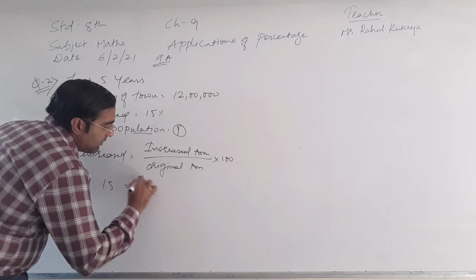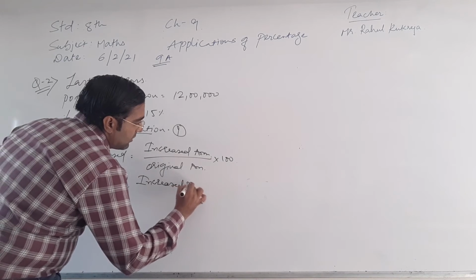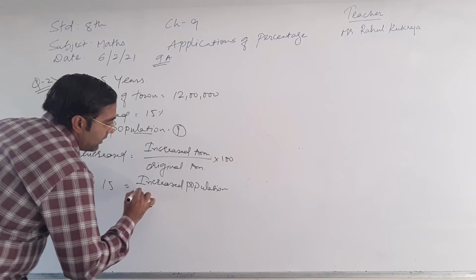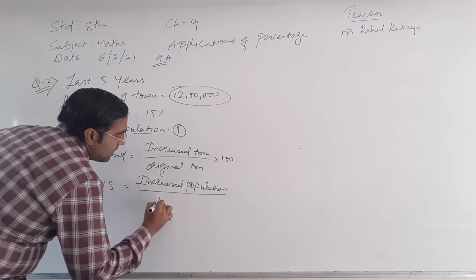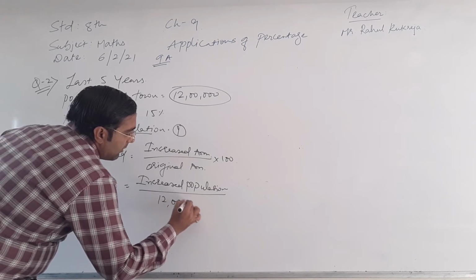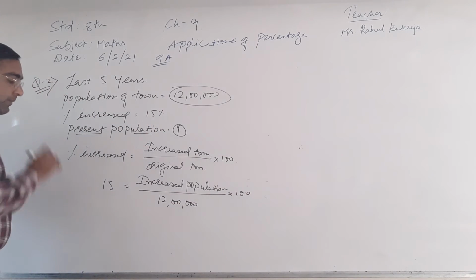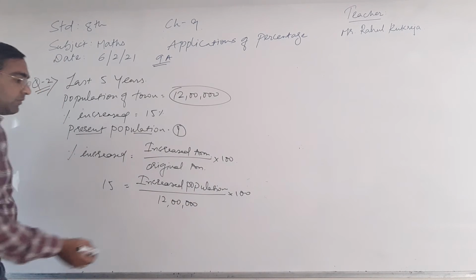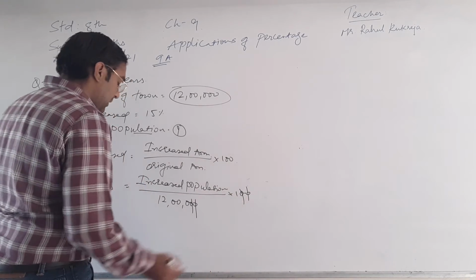So here I am just writing increased population. Okay, originally population is 12 lakh, into 100. So now we need to find increased population. So first of all, I'll cancel out all the zeros here.